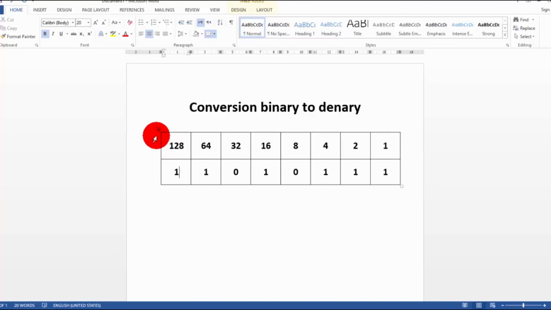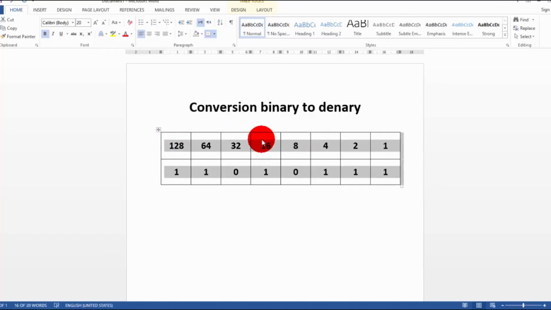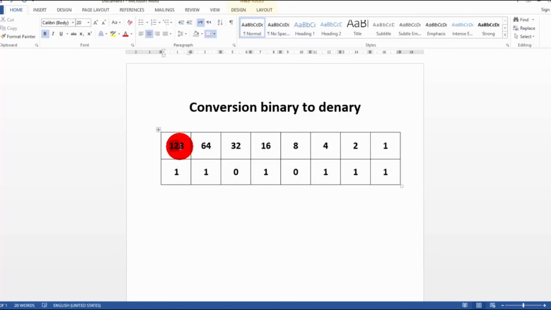This is 8 bits, and if there are more than 8 bits, 12 bits or 16 bits, we have to double the current number, like 128. This is the last number of our numbers. So the double of 128 is 256, right? It will be the 9th bit.